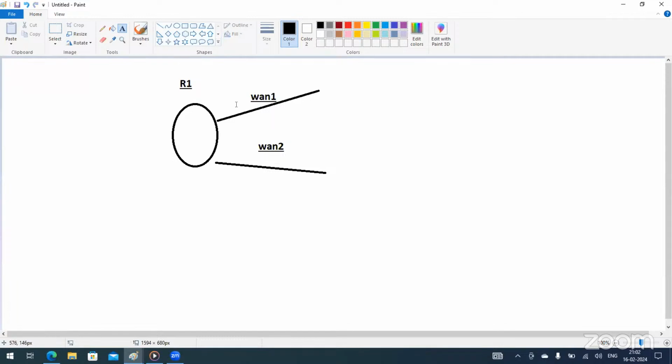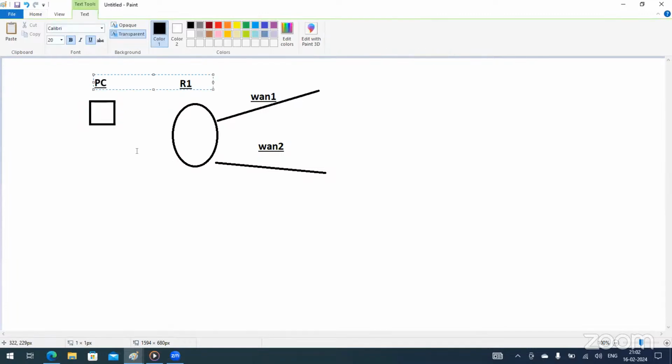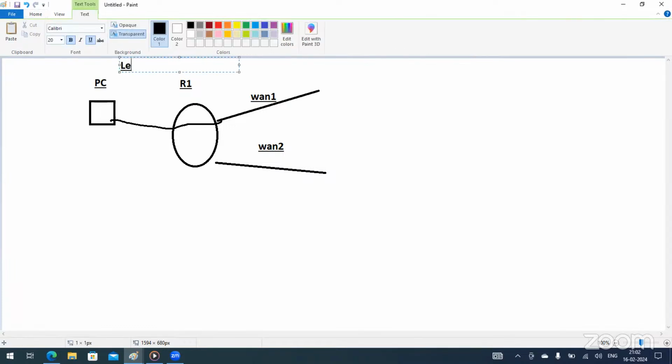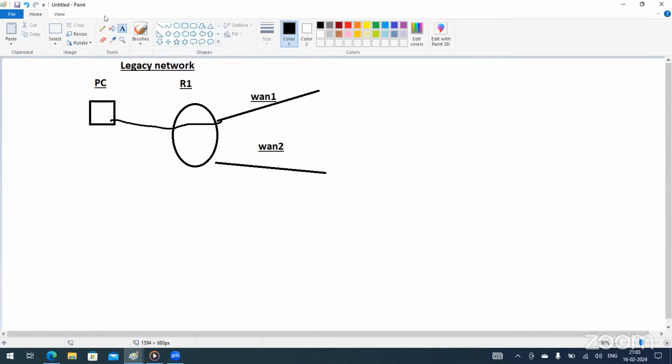If there are two links, if I have a PC sitting behind R1, it is sending traffic to R1, right? I assume the default path is via WAN 1. If we talk, say this is the legacy network, not SD-WAN, right? Now, do you have any way in legacy networking to redirect the traffic across WAN 2 when WAN 1 has packet drops?